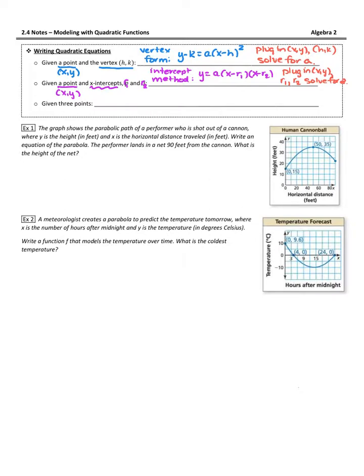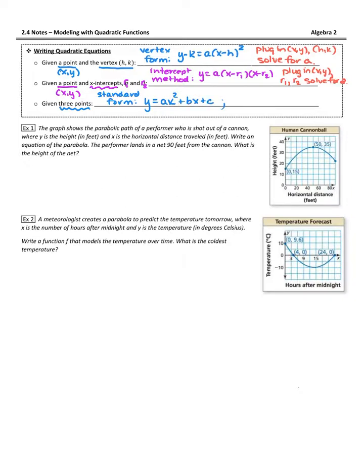And then the one that's going to be new this time is given 3 points, whether it's from data or a graph. And this one, you're going to use your standard form, and it's going to require us to revisit solving a 3 by 3. So remember, standard form is y equals ax squared plus bx plus c.